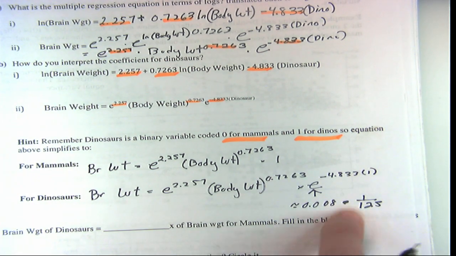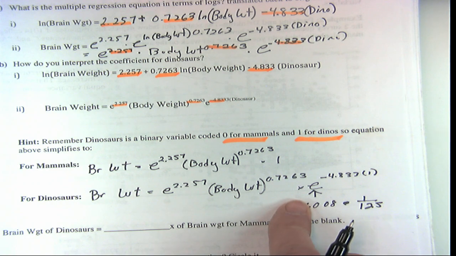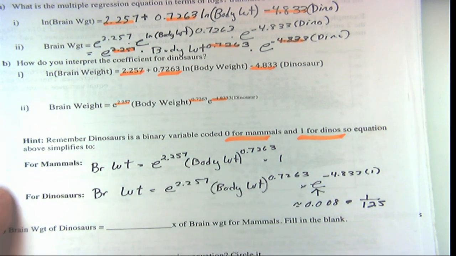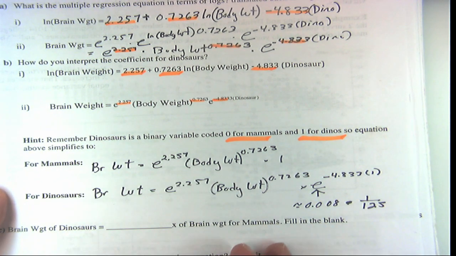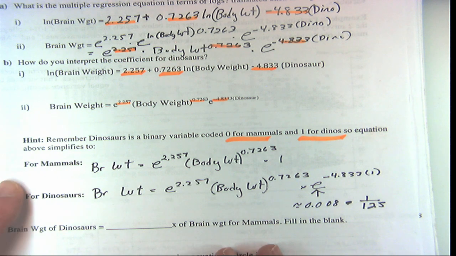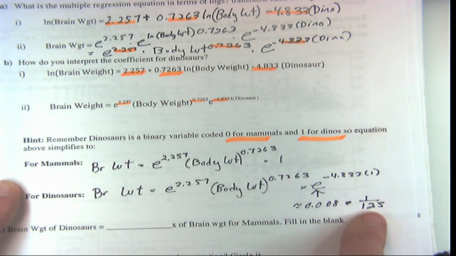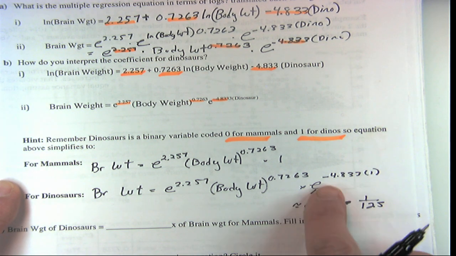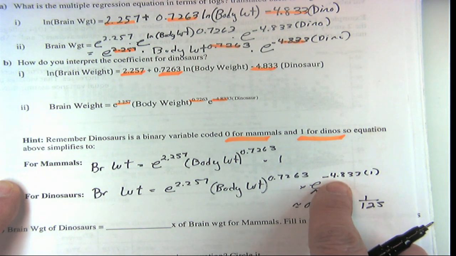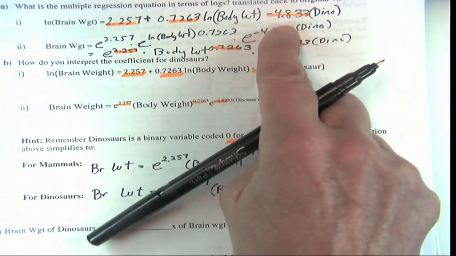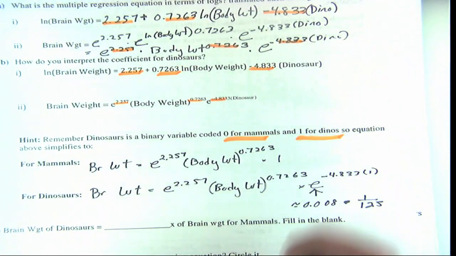So basically what we're saying is that for the same body weights, dinosaurs' brains are smaller than mammals' by a factor of 1 over 125, by a factor of e to the slope for dinosaurs.